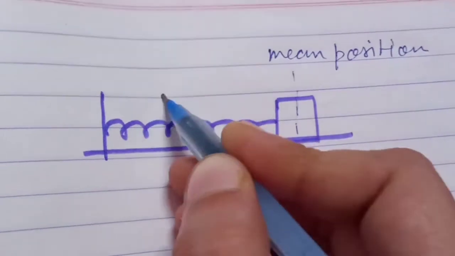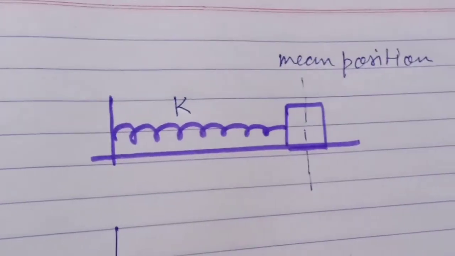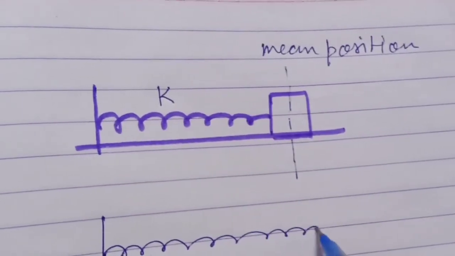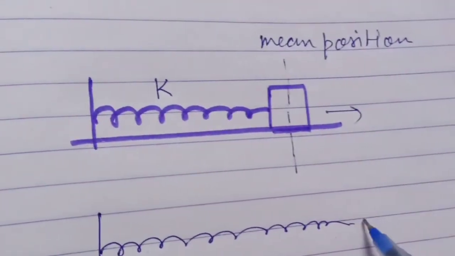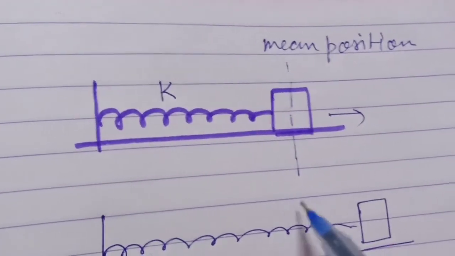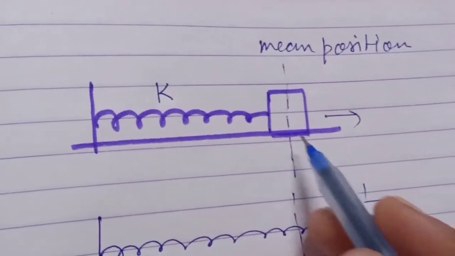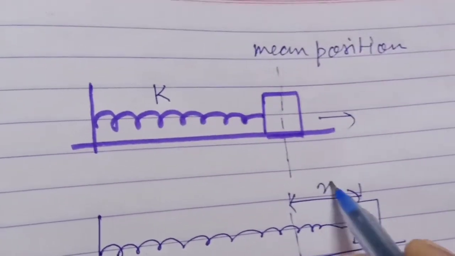The spring constant is K. So if we expand this spring, then the difference between the real position and mean position is x.